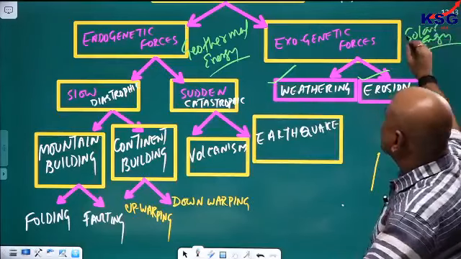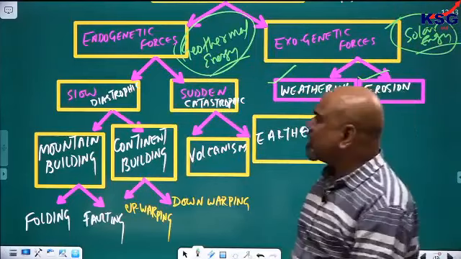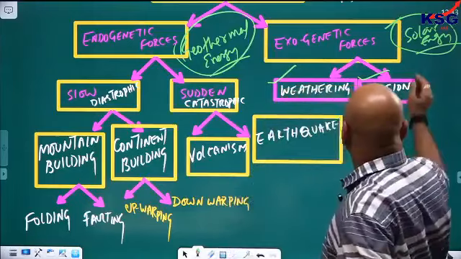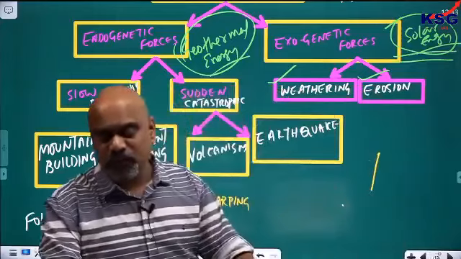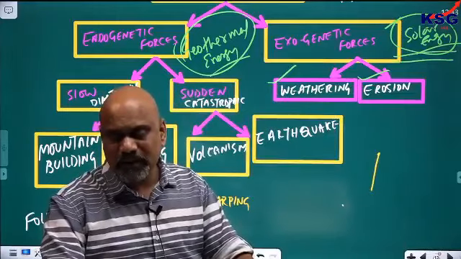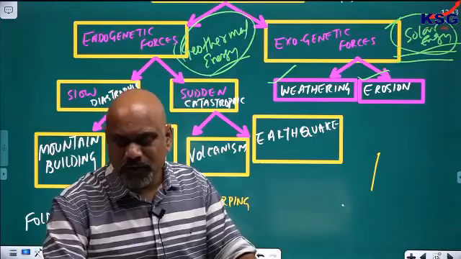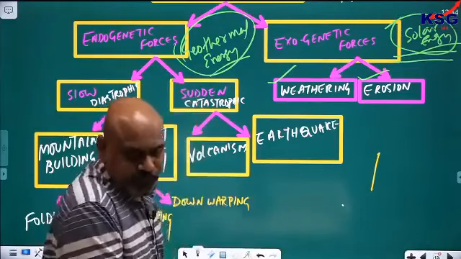The sun is the major source of energy for them. For exogenetic forces, it is the sun or solar energy which is more important. I said again, solar energy is more important for this. Okay? It is solar energy, this is the most important.